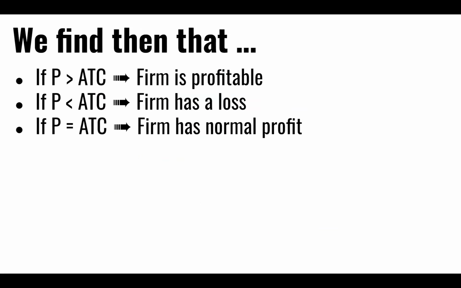If price is greater than ATC, the firm is profitable. If price is less than ATC, it has a loss. If price and ATC are the same, then we have normal profit.